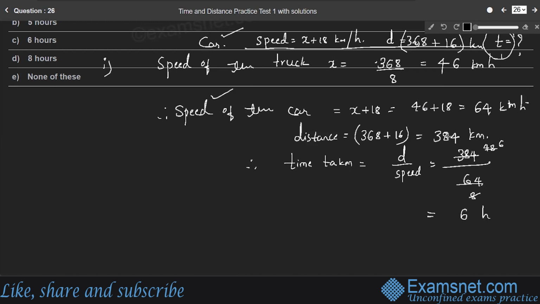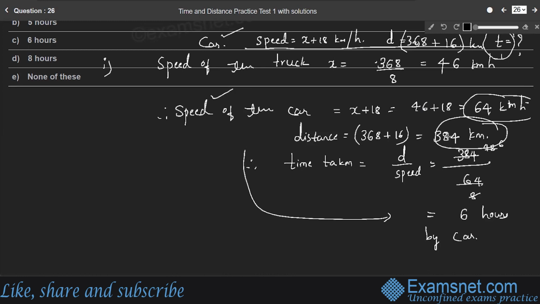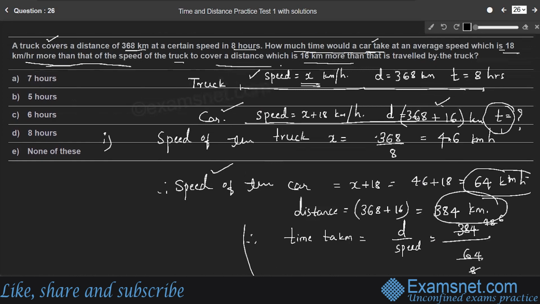Therefore, 6 hours is the time taken by the car to cover 384 kilometers at 64 kilometers per hour. So 6 hours is the answer. Look at the options. Option C is the right answer.